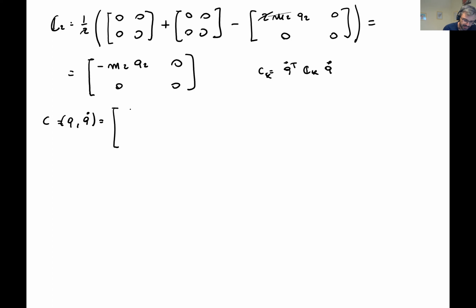And so, because it's a quadratic form, we get M2 Q2 Q1 dot squared. No, sorry. Let's see, how much was the first one?